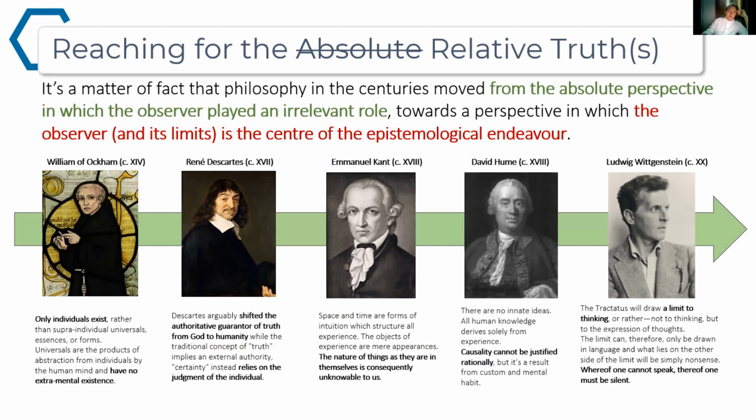Well, the answer is no. In fact, if you follow the history of philosophy, you will see that from the assumption of an absolute perspective about things, which you can find in Plato or Aristotle's work, we move in more modern times to an increased subjectivity, in which philosophers start to identify the limits of knowledge, and the observer is now the center of the epistemological endeavor of dealing with things.